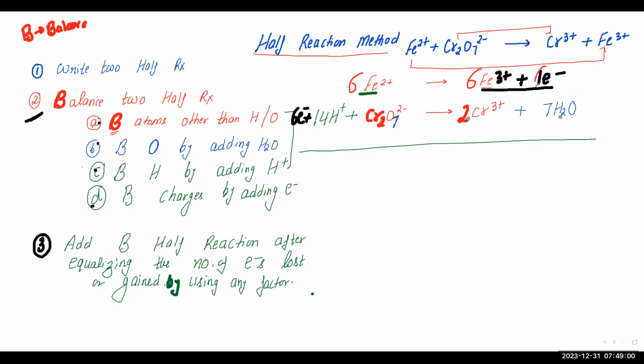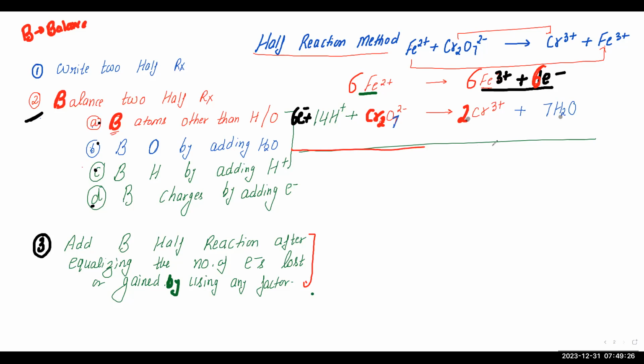Can you see 6 electrons now? So multiply the first equation by 6 in this case. So it depends on equation to equation. But the number of electrons during oxidation and the number of electrons during reduction must be equal. So first you equalize them and then you add your half reactions.